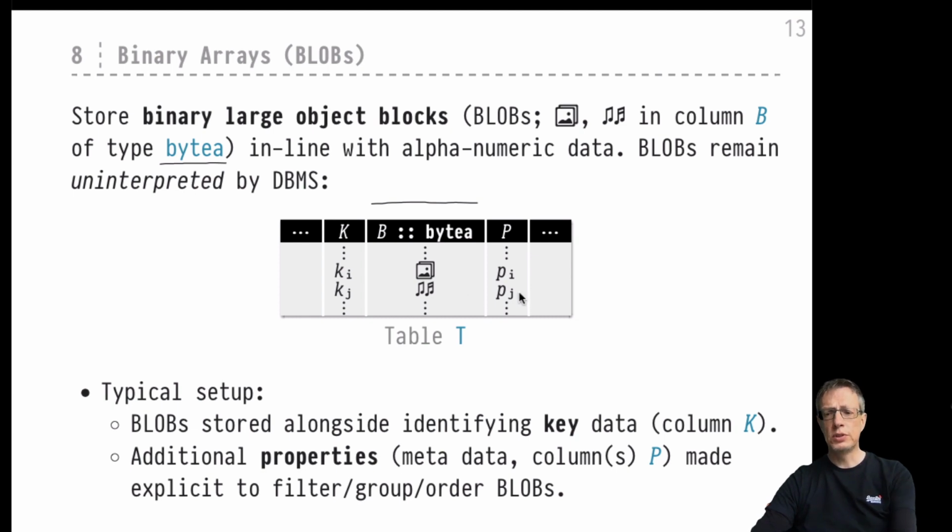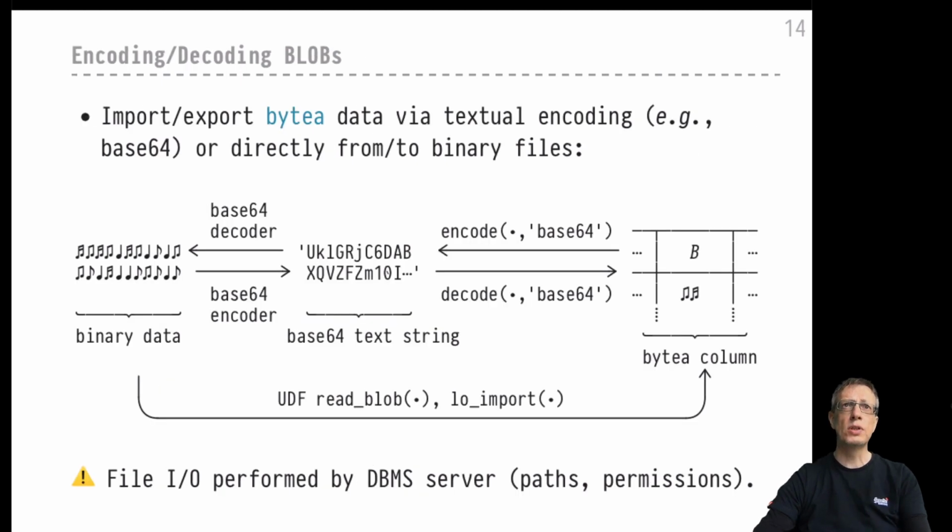So a typical setup of how you would bring such data inside PostgreSQL and then extract it again from a PostgreSQL table would be the following. Our target would be to construct a table with such a bytea column, such a column B here. Inside this column, we want to store byte array data or binary large object blocks.